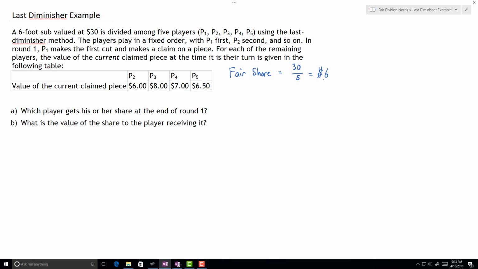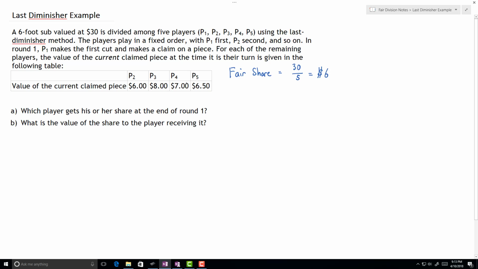Person 4 sees the piece that person 3 just trimmed and values it at $7. Again, bigger than a fair share, so they'll claim the piece, trim it back to what they view as a $6 value, because that's a fair share, and then person 5 gets to take a look at it.